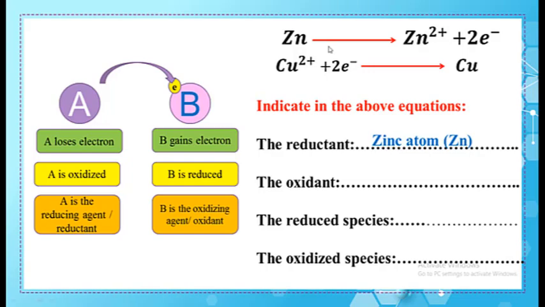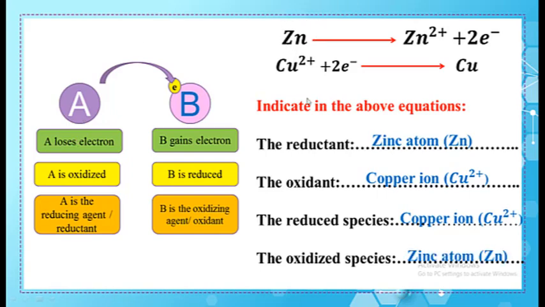So it means copper ions. The reduced species is the species that gains electrons, so it undergoes reduction half reaction, which means copper ions. And the oxidized species is the species that loses electrons, so it undergoes oxidation half reaction, which means the zinc atom.